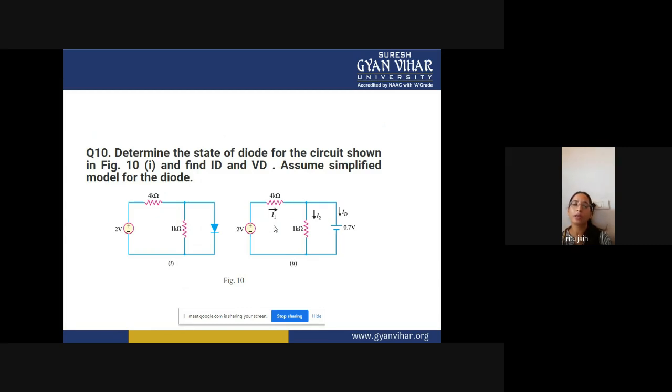According to KCL, I have told you many times, the incoming current is equal to the outgoing current at a particular node. So I1 is equal to I2 plus ID.